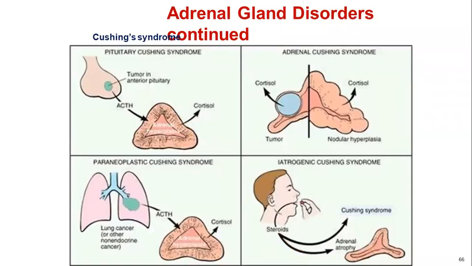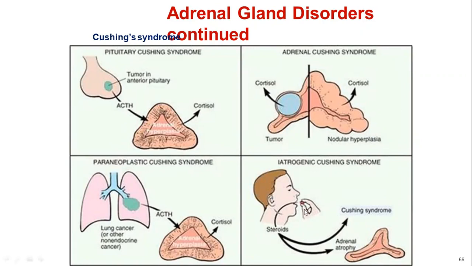In this picture showing some pathology, I already explained, if the pituitary gland overproduces ACTH, it works on the outer cortex and the outer cortex secretes too much cortisol and causes Cushing. Another here, if the outer layer of the cortex has a tumor or overproduction or dysfunction, secreting too much cortisol, they develop Cushing.